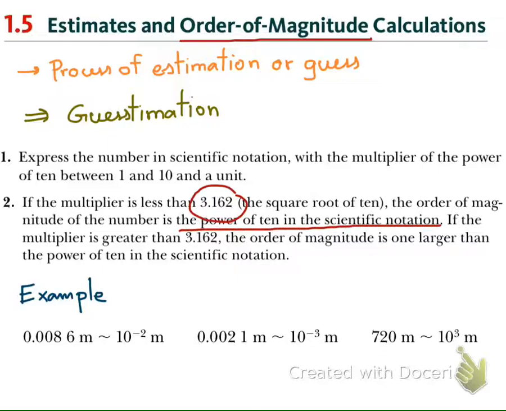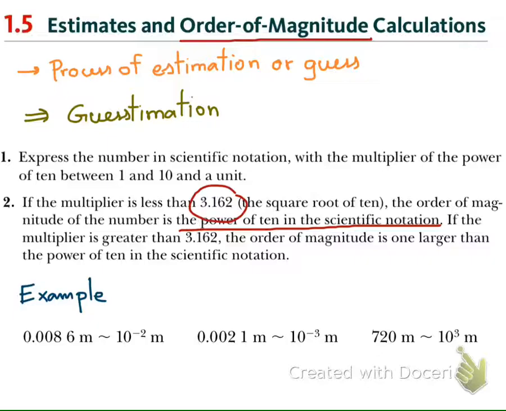If the multiplier is greater than 3.162, the order of magnitude is 1 larger than the power of 10 in the scientific notation. It means we add 1 to the power of 10 in the scientific notation.